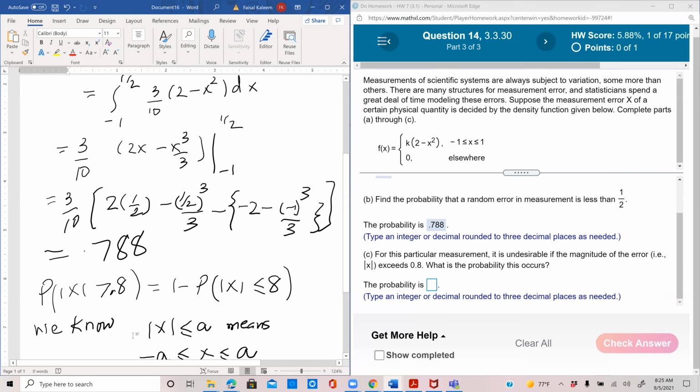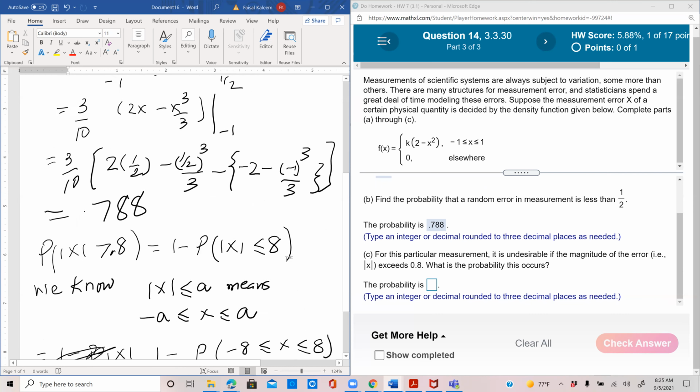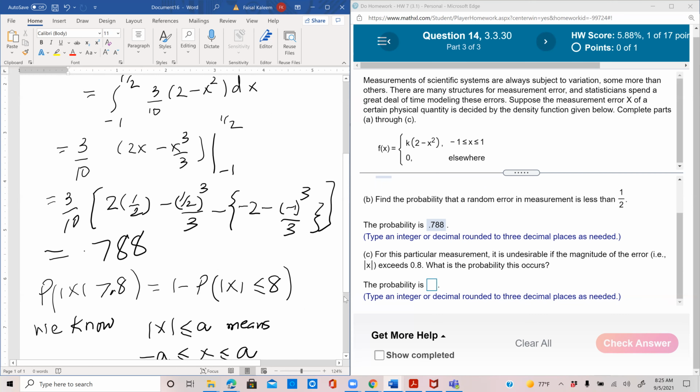So let's just rewrite it again. Absolute x greater than 0.8. Now, absolute value is easier to handle if you go the other inequality. So we will use the complement rule to convert the probability of absolute x greater than 0.8 into 1 minus the probability absolute x is less than or equal to 0.8, again not 8, but 0.8.